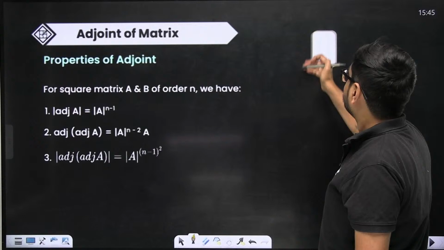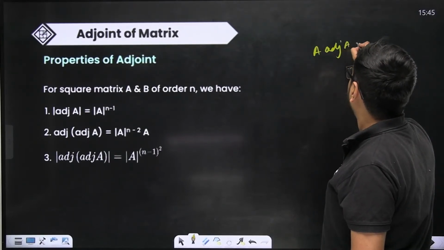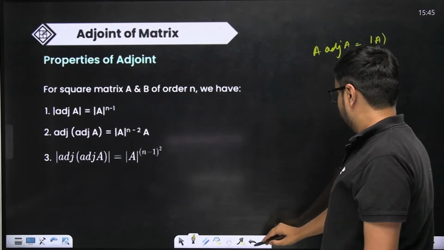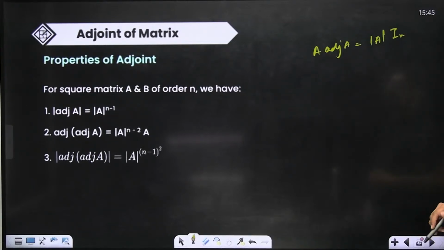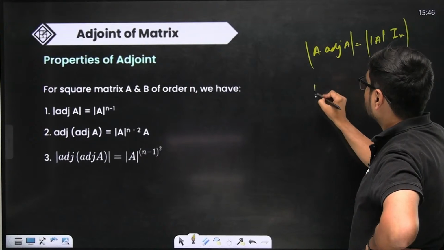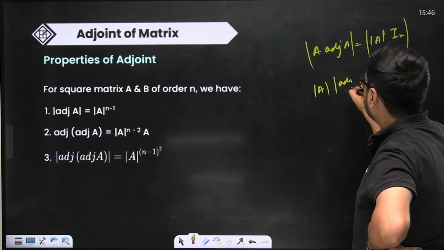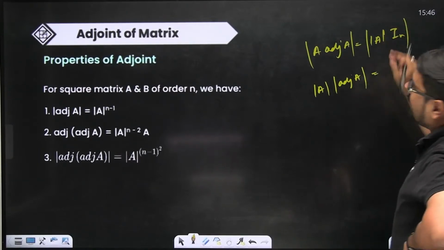Right? We know that A times adjoint of A will be equal to determinant of A multiplied with some identity matrix. Now, if we take determinant both the sides, this will be determinant of A, determinant of adjoint of A is equal to determinant of A times identity matrix.